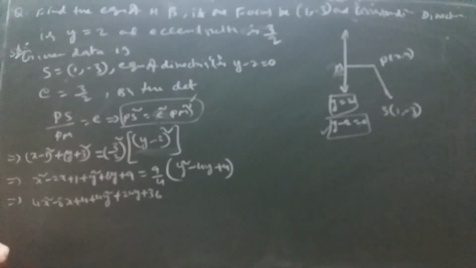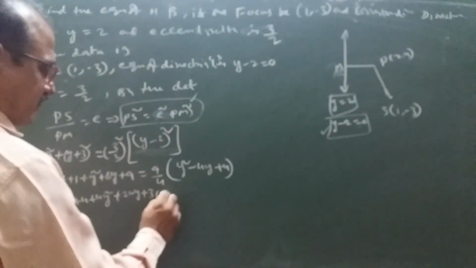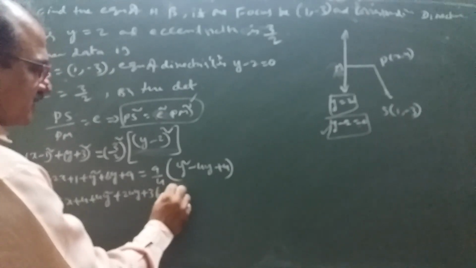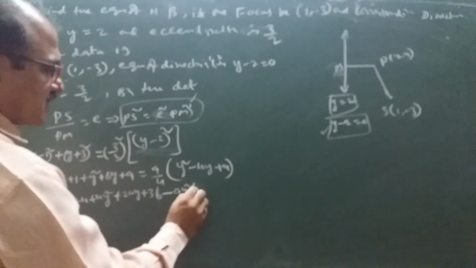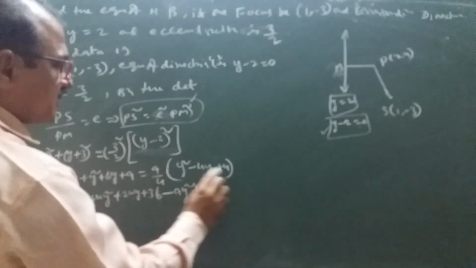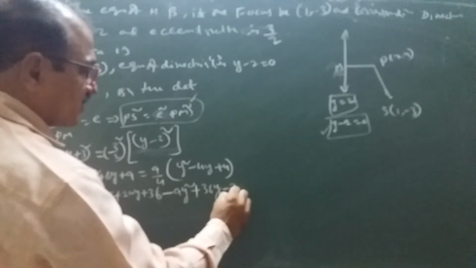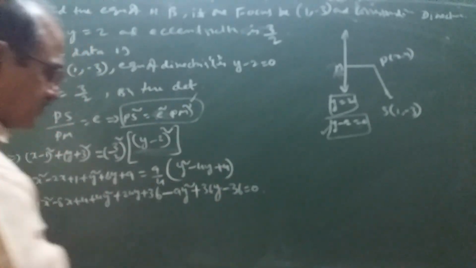If we bring the right side part to the left side, multiplying with 9, 9y square minus 36y plus 36 is equal to 0.